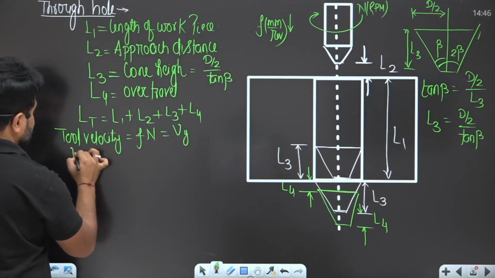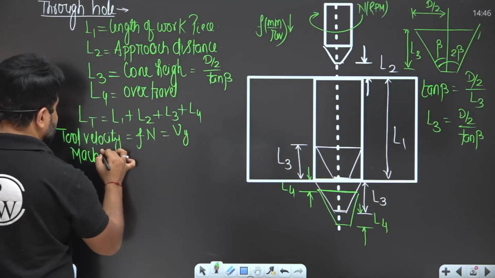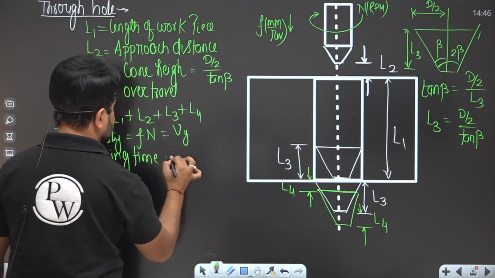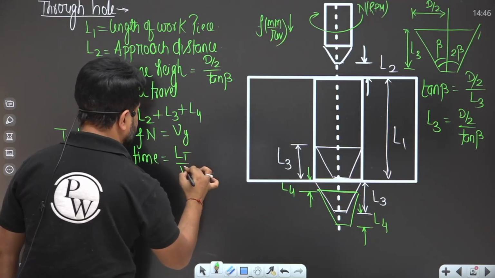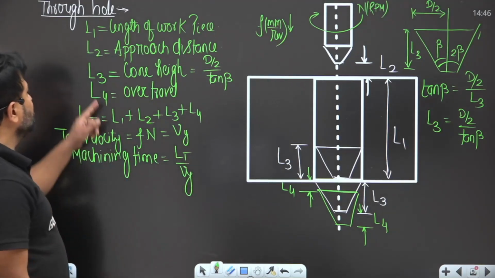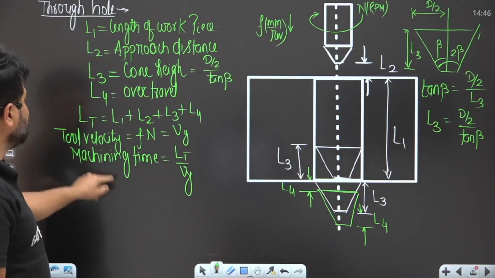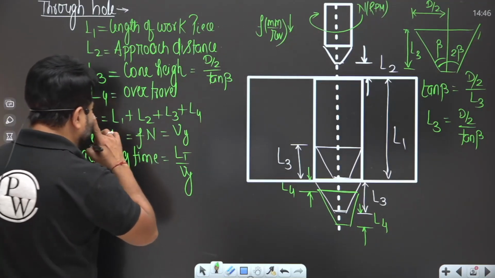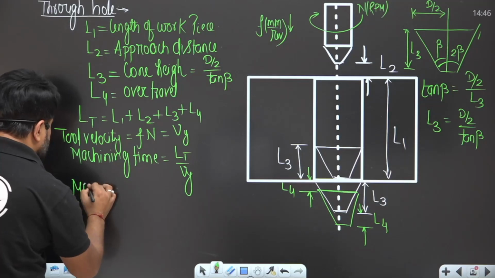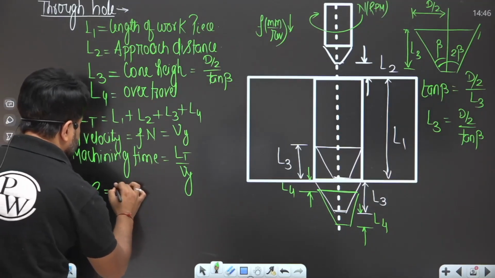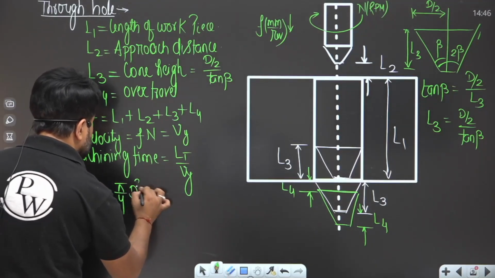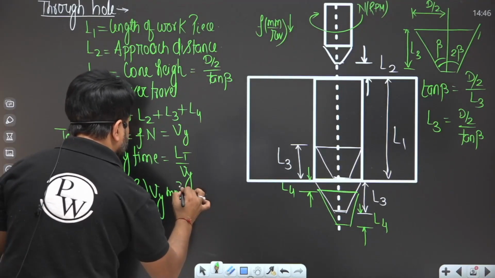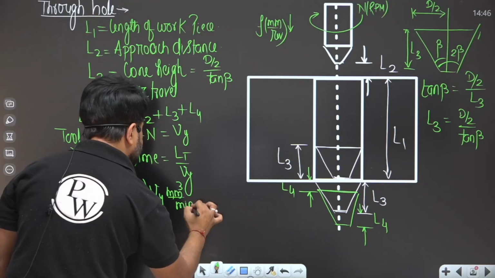So the machining time will be LT divided by Vy, where LT is L1 plus L2 plus L3 plus L4, and Vy is F into N. Now my dear, the material removal rate, MRR, is pi by 4 D square into Vy, that much mm cubed per minute.